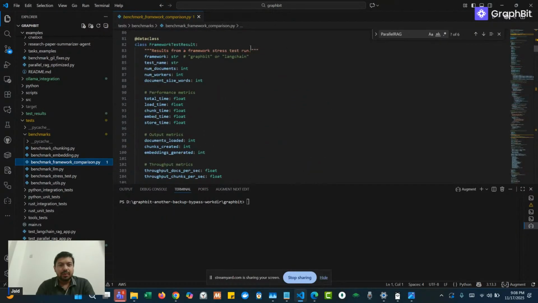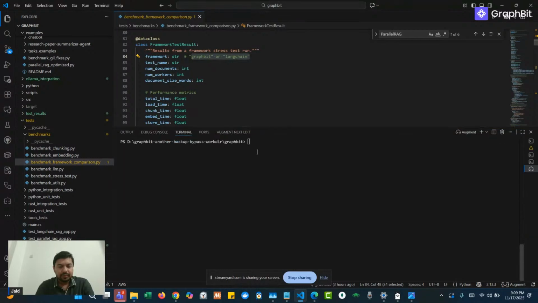As you can see, we'll be comparing GraphBit and LangChain on a load test, starting from document loading, text splitting and chunking. Let's start the pipelines one by one.